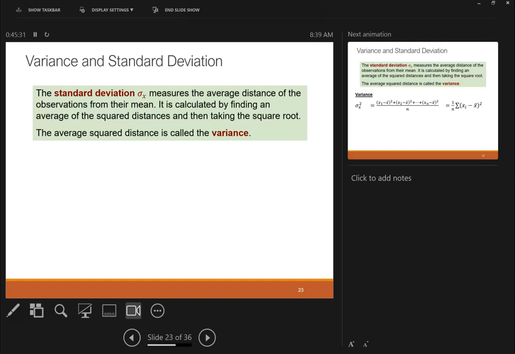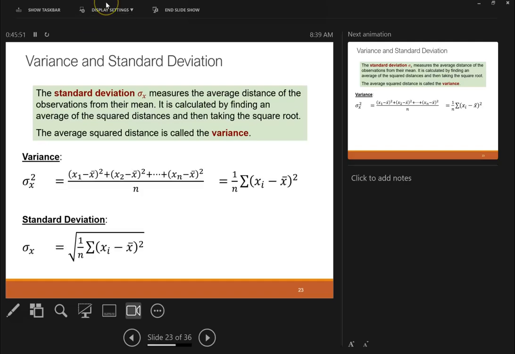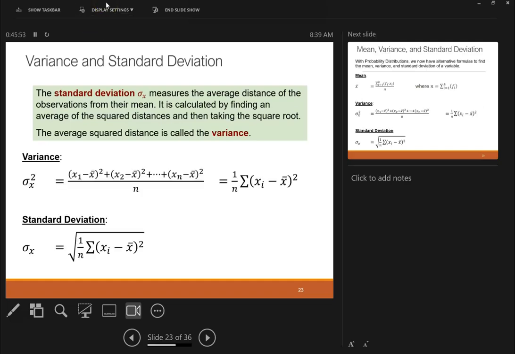Back from first semester, I think chapter 4 or something, standard deviation measures the average distance of observations from their mean. It's calculated by finding the average of the squared distances and then taking the square root. These were the formulas for variance and standard deviation.